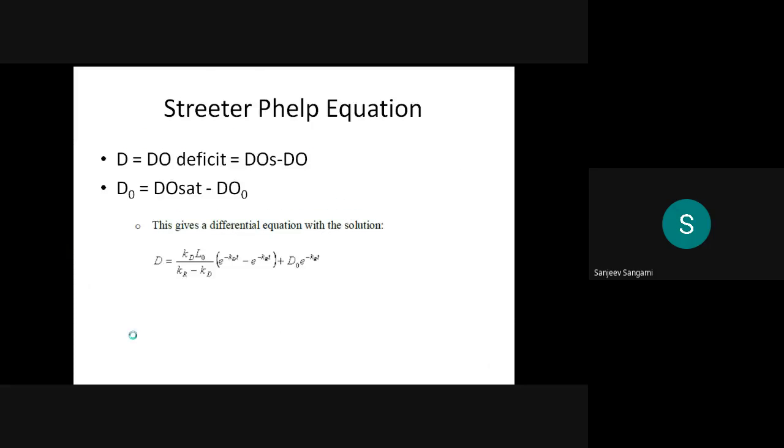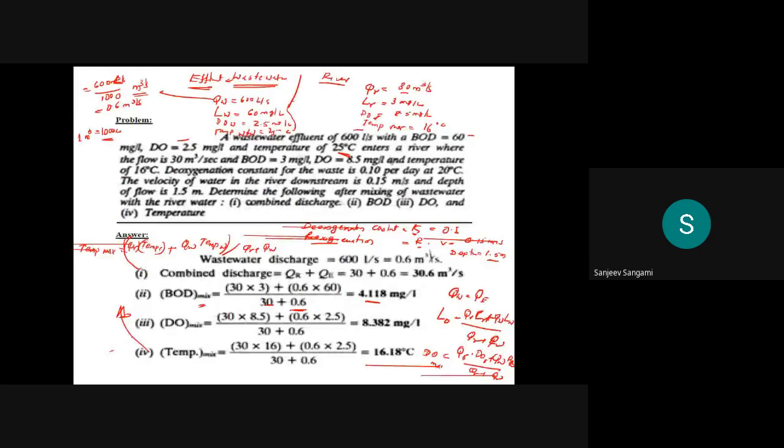Of course, this problem is very easy, but with respect to this, they may ask any question also. In this problem, he has only asked what will be the combined discharge, combined DO, and combined temperature. But further, he might twist the problem also. In those cases, you should be very careful.